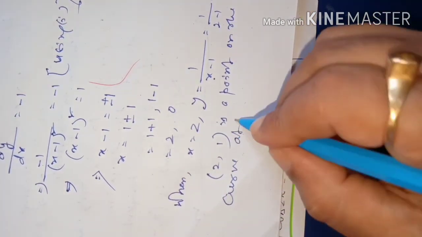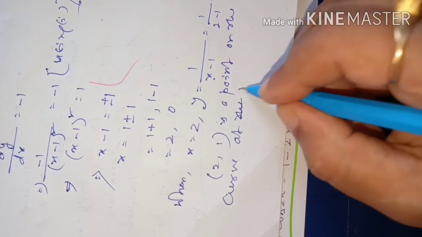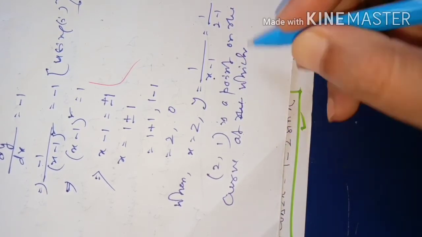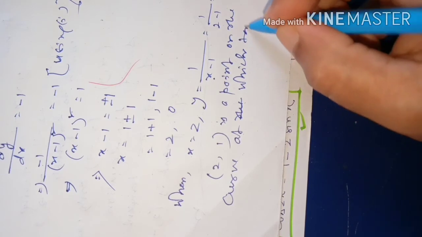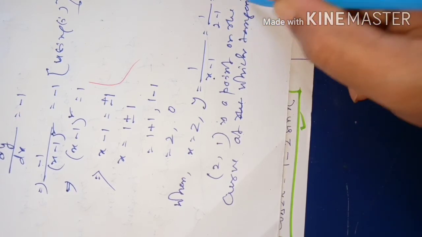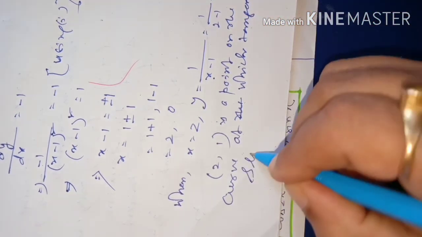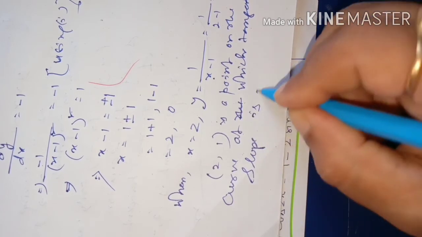at which the tangent's slope is minus 1.